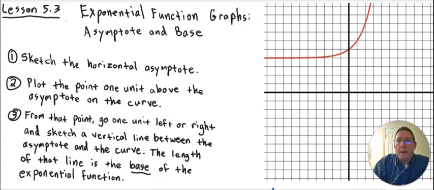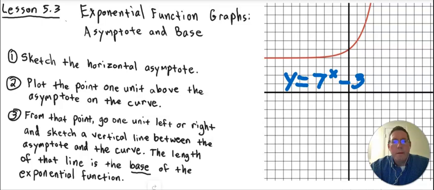So when we write an exponential function, it looks something like this. We're going to say y equals, and then we're going to have a base, a number, like let's say 7, and then it's going to be to the power of x, and then we might have something like minus 3 or something like that.